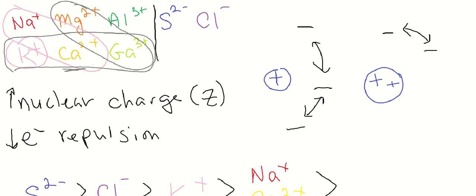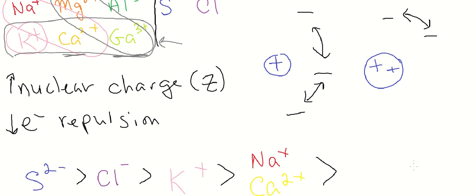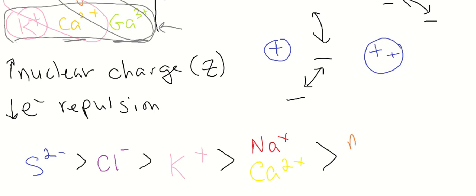It's not very clear. Gallium has an extra energy level of electrons, but it has also lost 3 electrons. The remaining electrons are going to be brought in by that really strong nuclear charge from losing 3 electrons. So I'll put them together, the magnesium and the gallium.